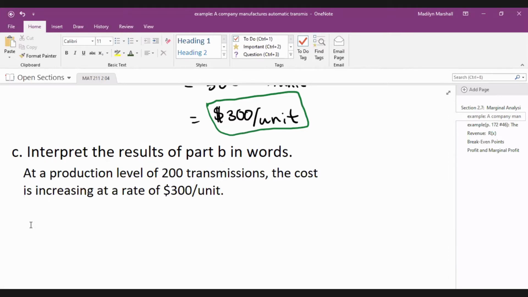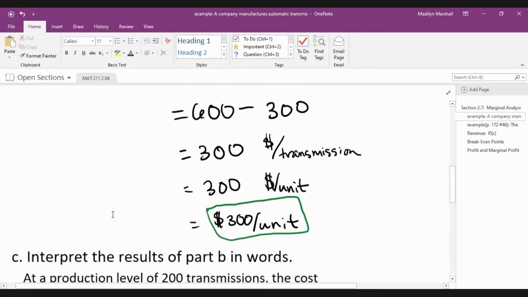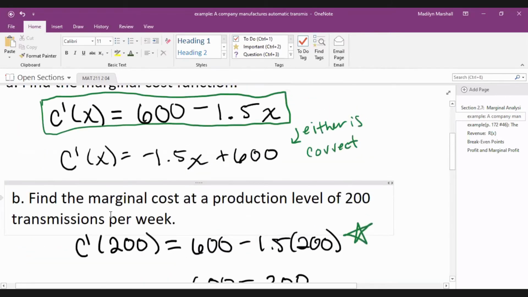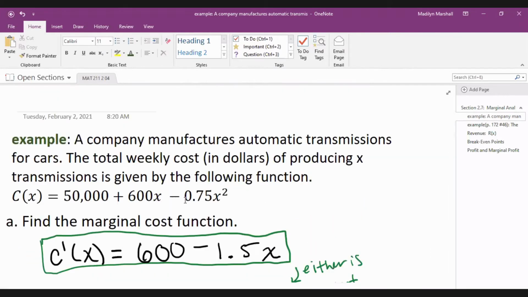And we also have to be careful with our understanding of this. So if we're making 200 transmissions and then we add like 100 more after that, that's too much of a change for us to use marginal cost. So marginal cost is the derivative, which means it's talking about that instantaneous rate of change. That's why, and we'll see this again, it was on the previous page, let me go back.